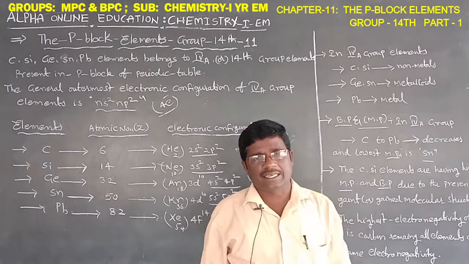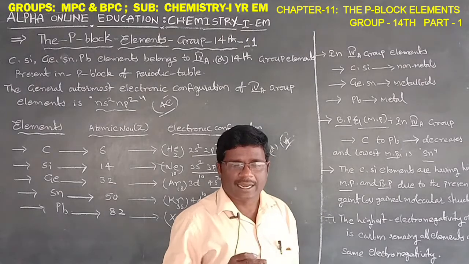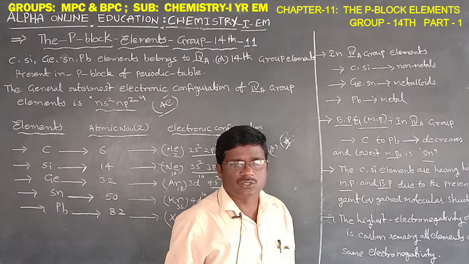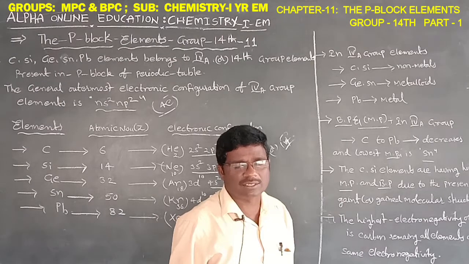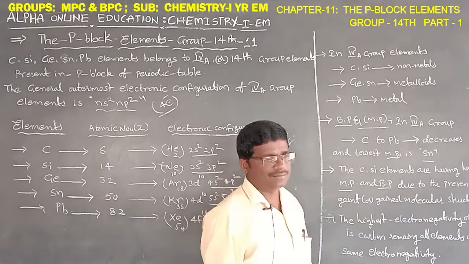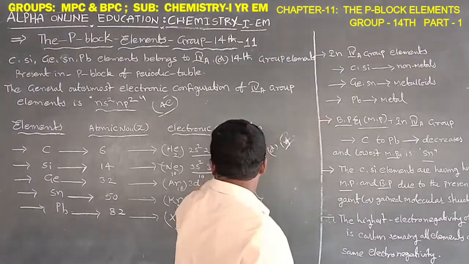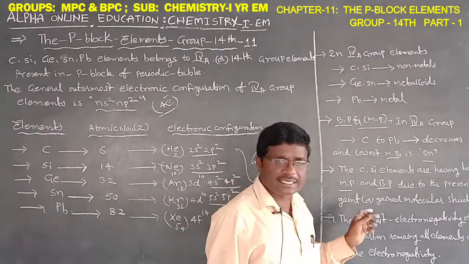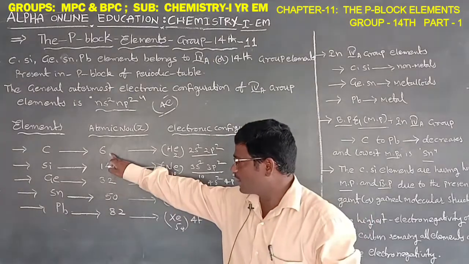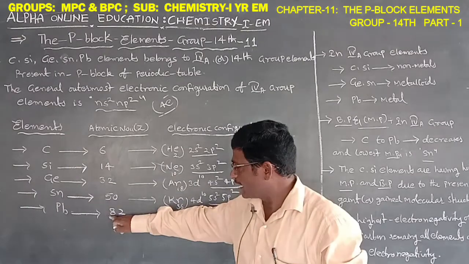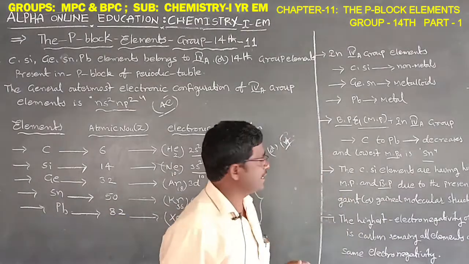In any period, from left to right, non-metallic nature increases and metal nature decreases, due to the strong nuclear attraction on the outermost shell. Next, atomic radius. In fourth A group elements, from carbon to lead, atomic radius increases because the number of shells increases, with carbon atomic number 6 and lead atomic number 82. So atomic radius in fourth A group elements increases.